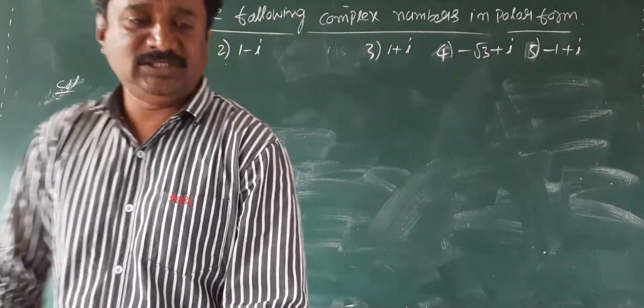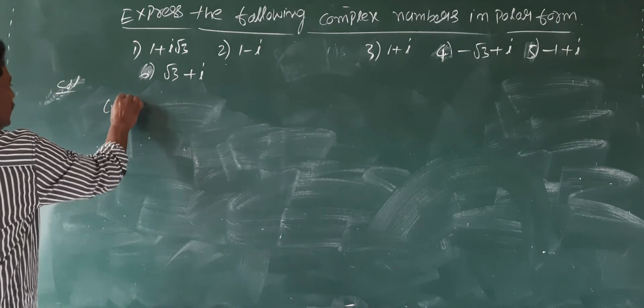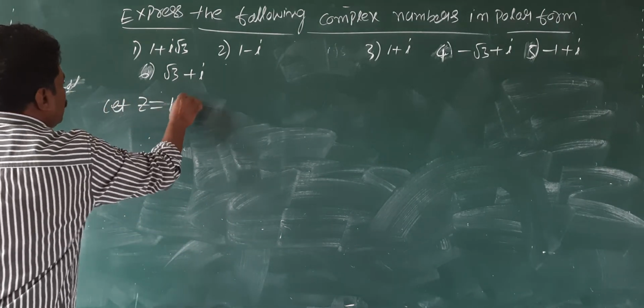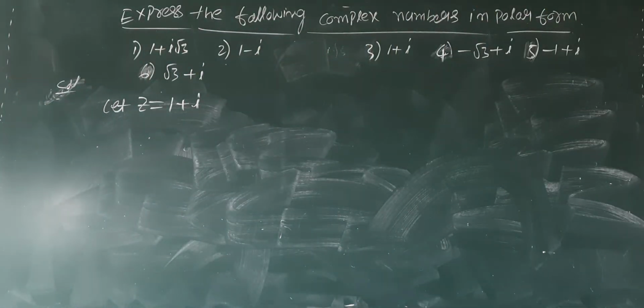So next question: if you take 1 plus i, let z equals 1 plus i. The method is the same method. You follow the same method, students.